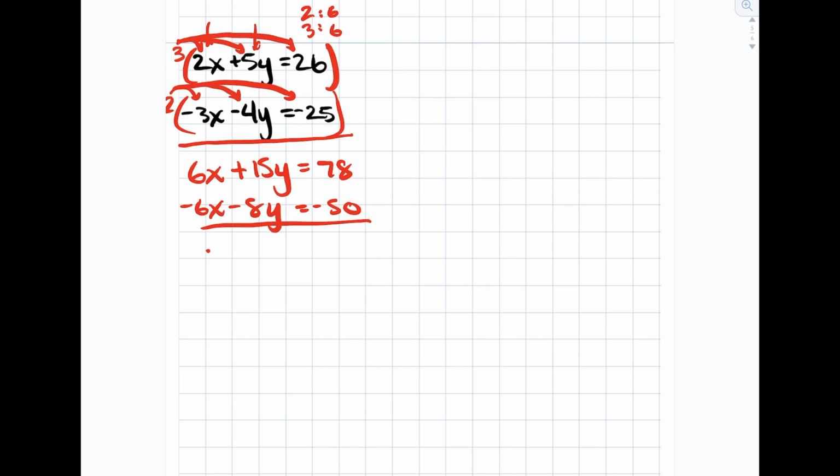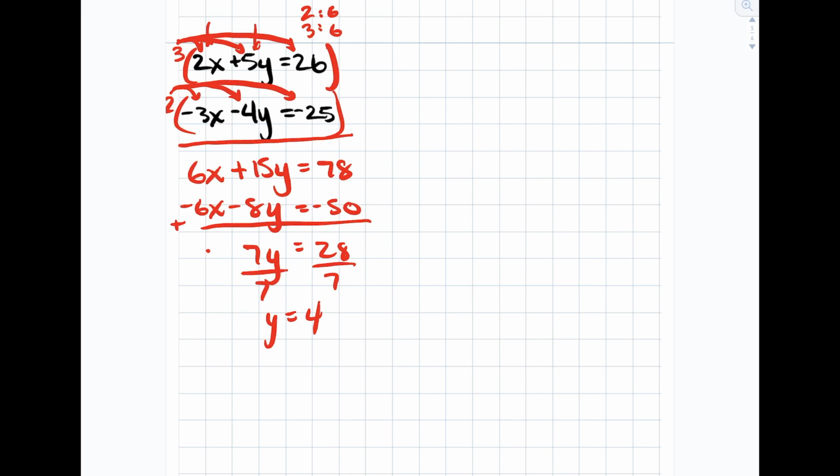And now let's add straight down. The x's cancel out. This is going to make 7y, which is equal to 28. If you add these two together, right? Opposite signs, you actually subtract.